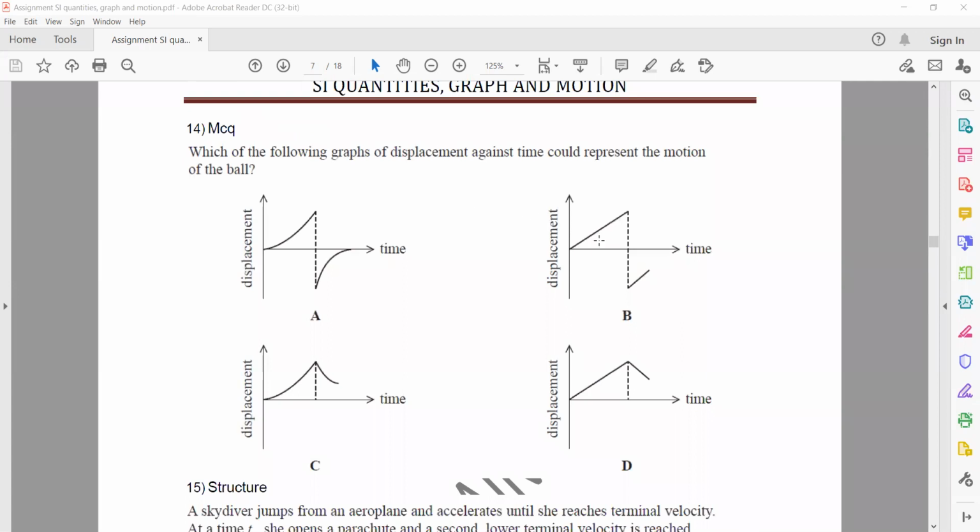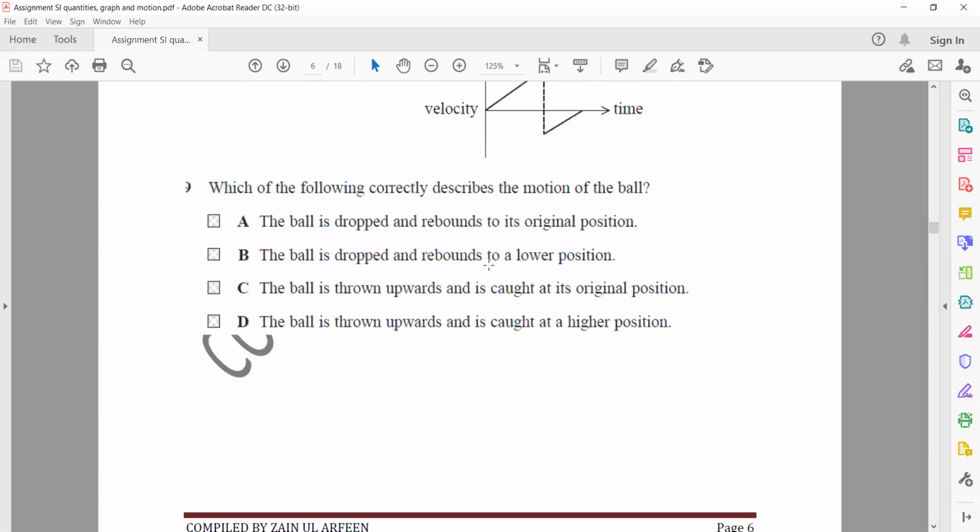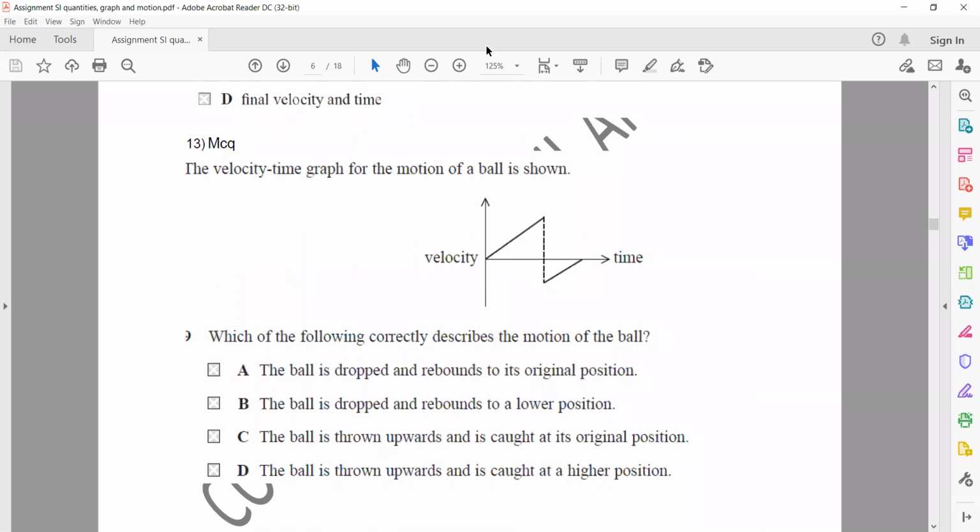Then for question 14, which of the following graphs of displacement against time could represent the motion of the ball? So how can we work out the motion of the ball? As you can see, first the velocity is increasing and it is positive. If we divide the graph into two parts, because the question is interrelated, from A to B, the velocity is increasing and it is positive.